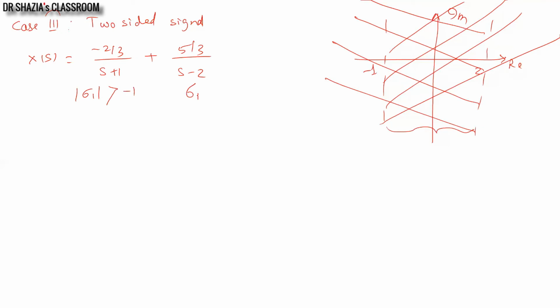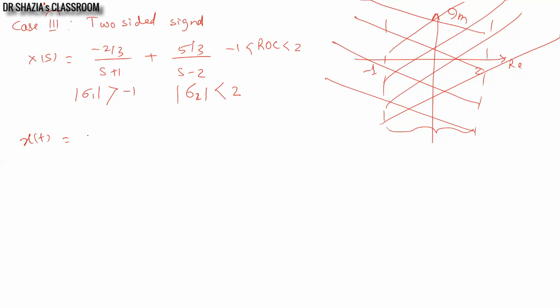Here sigma 2 should be less than 2. Then we have a common ROC, which will be between -1 and 2. Yes. In that case, X of t can be written as follows.